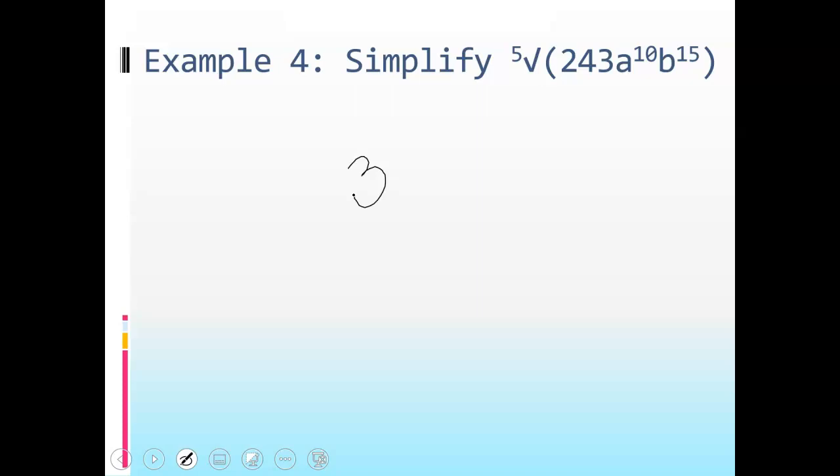What do you think I take a to the 10 and turn it into? I don't turn it into 5. I do what with a 5? Divide it by 5. So 10 divided by 5 is 2.